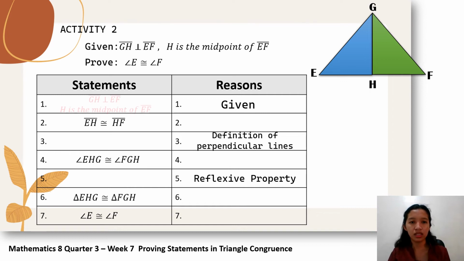It is that our given is from here. So in our number 2, we have here a statement that line AH is congruent to line HF. What must be our reason for that?